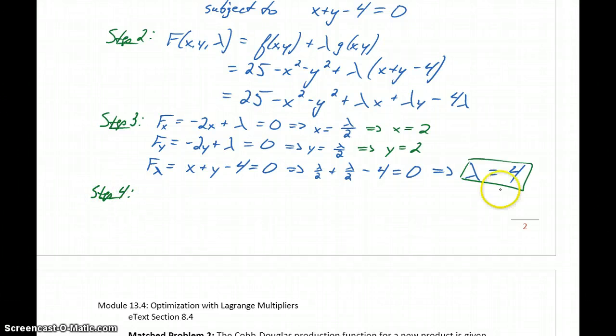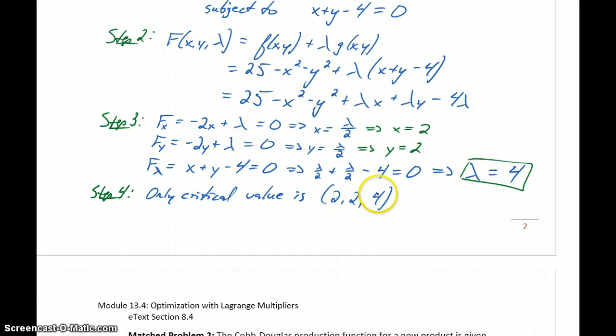So in step 4, we only came up with one value for lambda, x, and y. So our only critical value is 2, 2, 4. So that's our x value, y value, and lambda value, which means that f of x, y is maximized at the point x equals 2, y equals 2.